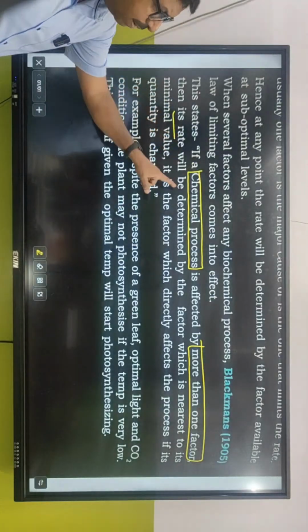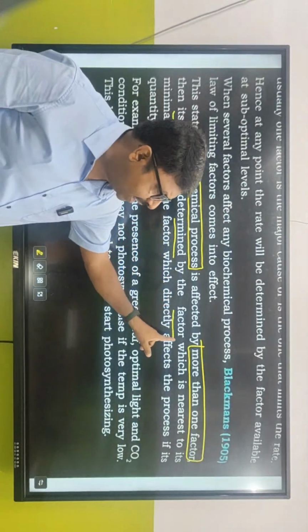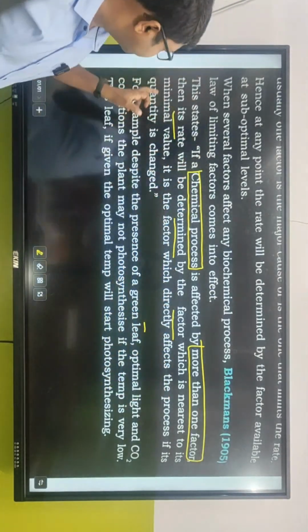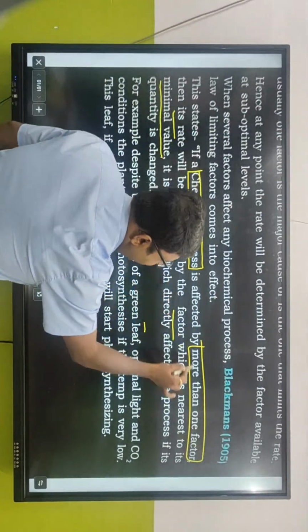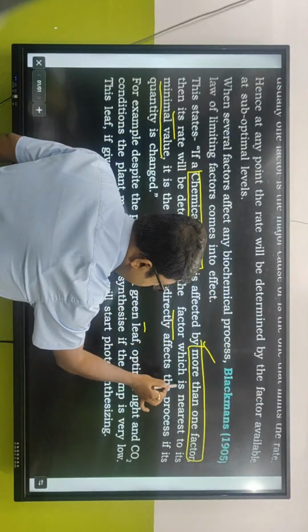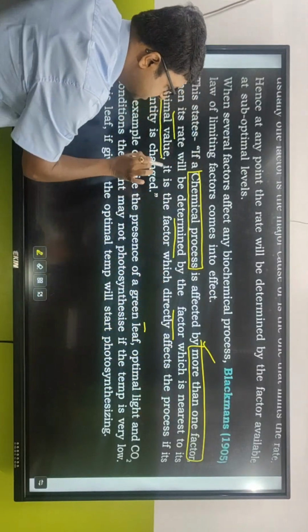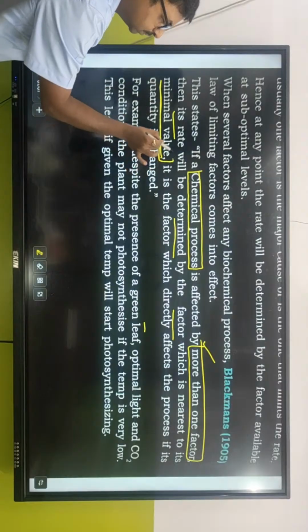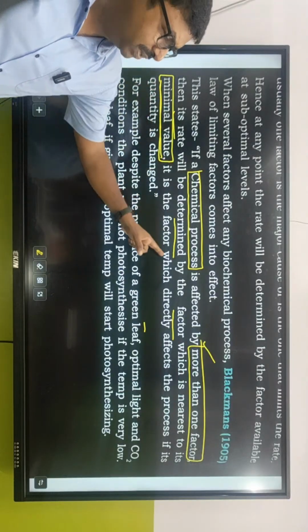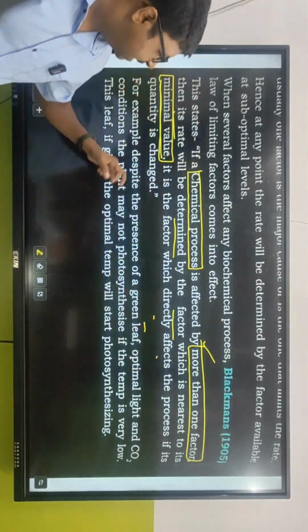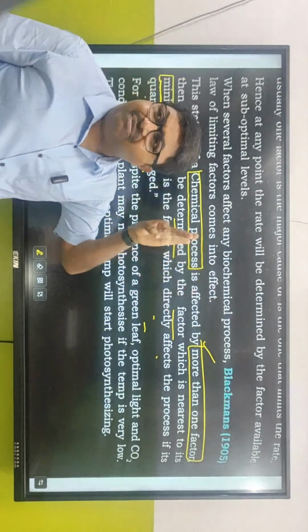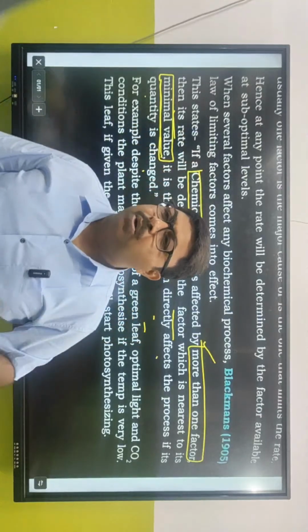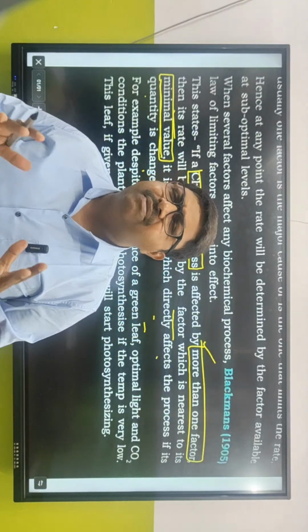Then its rate will be determined by the factor which is nearest to its minimal value. তাহলে complete rate of this photosynthesis is going to depend upon the factor which is present in a minimal value. It is the factor which directly affects the process if its quantity is changed. The slightest change in that factor which is present in a minimal value is going to highly affect the photosynthesis rate.